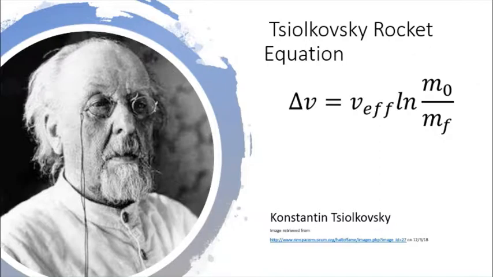Well, one way they've come up with to deal with this problem is to shed part of the mass as the rocket goes up into orbit. You have a first stage of your rocket, usually has the largest motors, and that first stage will take your rocket up to a certain point.